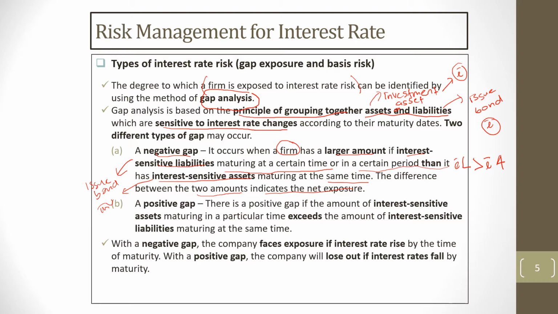So a negative gap means the interest for liabilities is higher than the interest for the sensitive assets. The second one is the positive gap. How does a positive gap work? A positive gap is when the amount of interest sensitive assets maturing exceeds the interest sensitive liabilities. That is what we call a positive gap. Basically, when there is a negative gap, we can see that the company faces exposure if the interest rate rises by the time of maturity.